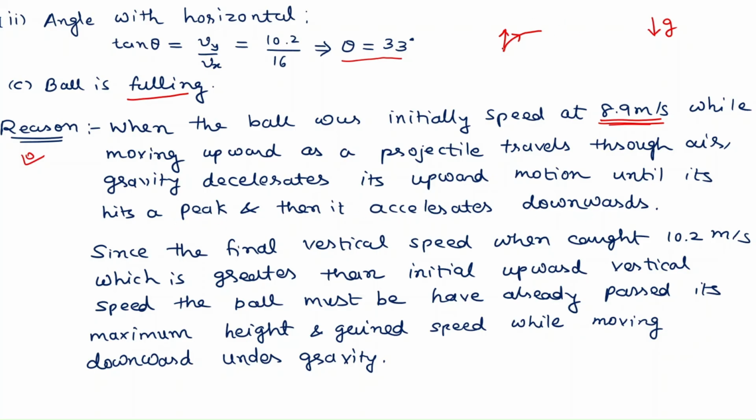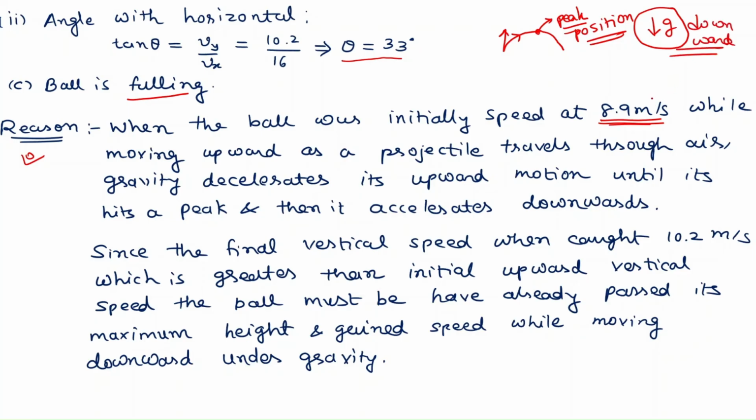Let's suppose the ball is here and it is hit by the batsman and its motion is like this. Now here is the peak position. After reaching the peak position, the ball moves downward. Why? Because g is acting upon it, only downward.